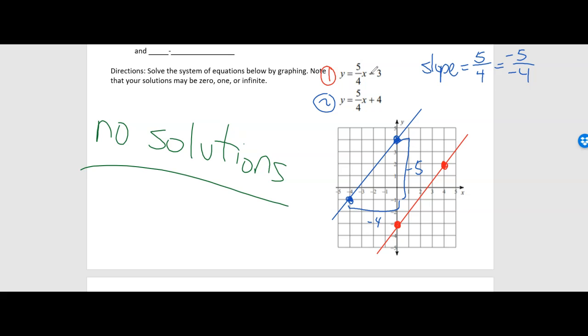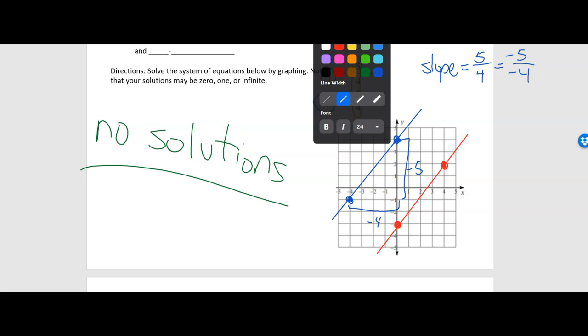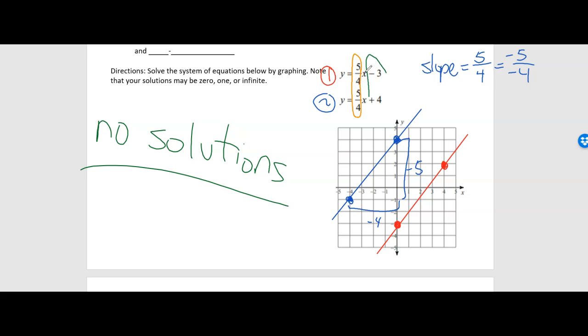Because if we understood what parallel lines looked like algebraically, they have the same slope and different y-intercepts. So if we could just identify same slope, 5/4, different y-intercepts, we know what they would look like on a graph without actually having to graph them. Graphing just gives us a visual, but we can understand this algebraically and know what our answer is going to be without graphing them.